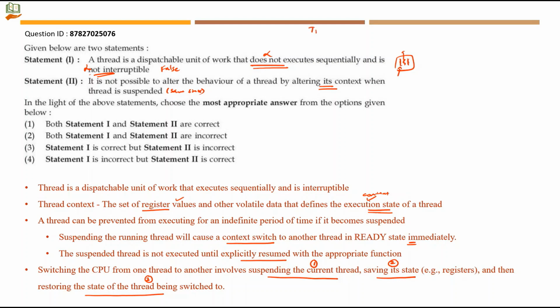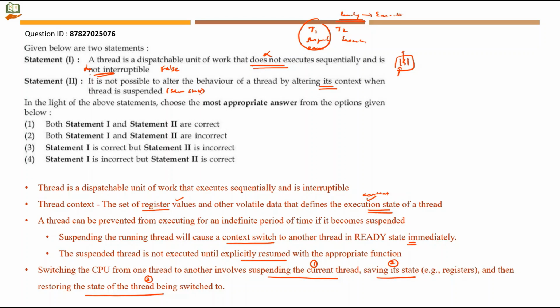So take T1 and T2. T1 is suspended and it has a saved state, and T2 is now executing or running. In this case, it is possible to alter the behavior of the thread by altering its context when the thread is suspended. The behavior of the T2 thread is ready to execute.